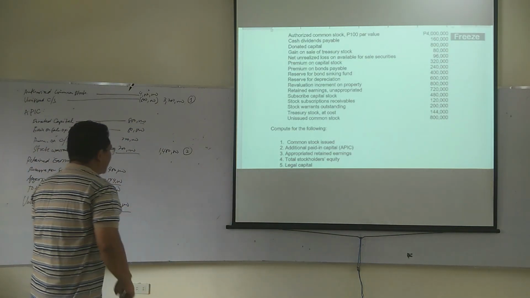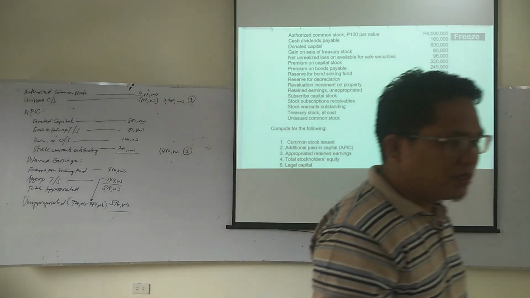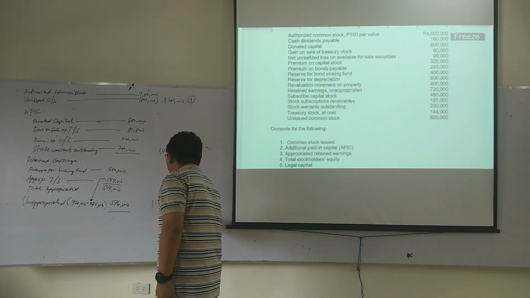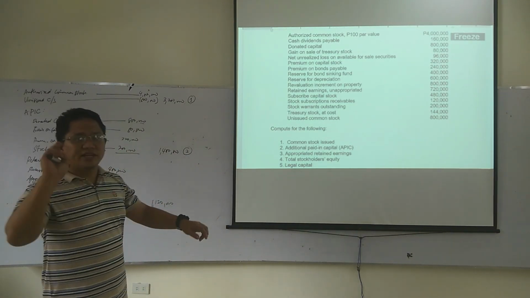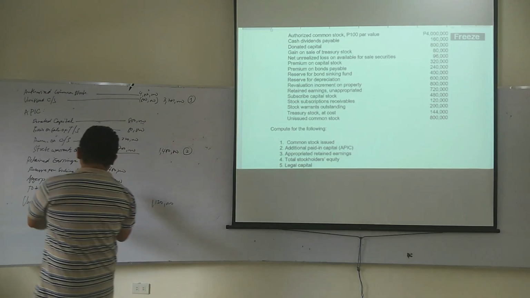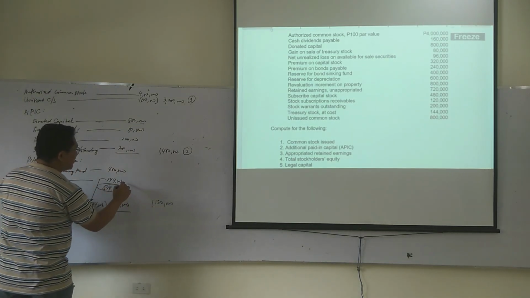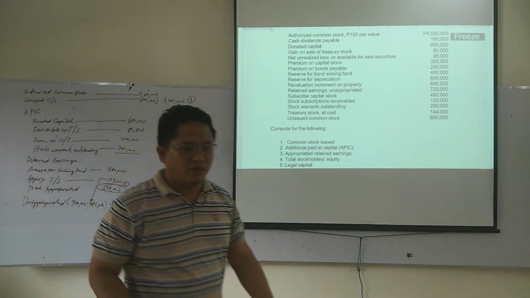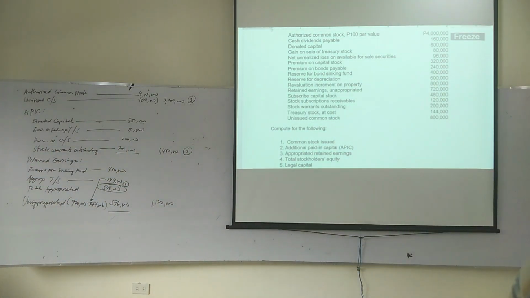So your total retained earnings for the period is 1,120,000. But of course, the requirement for number 3 is the appropriated. So our answer for number 3 is 544,000.